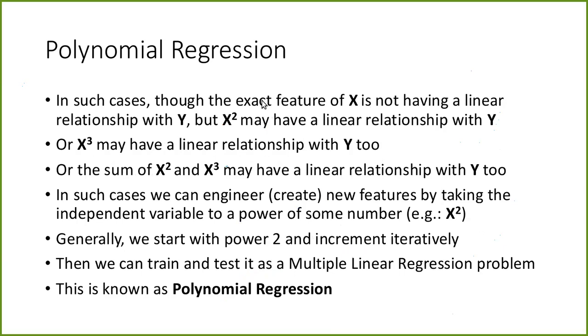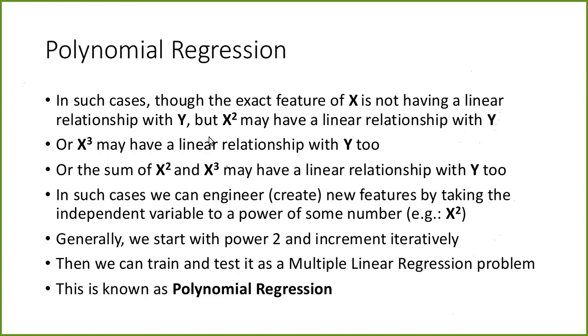So first say that your x variable is not having a linear relationship with y. But once you find that x square is having a linear relationship with y, then you can use x square. We have learned it, right? We have already said that we can use it, right?